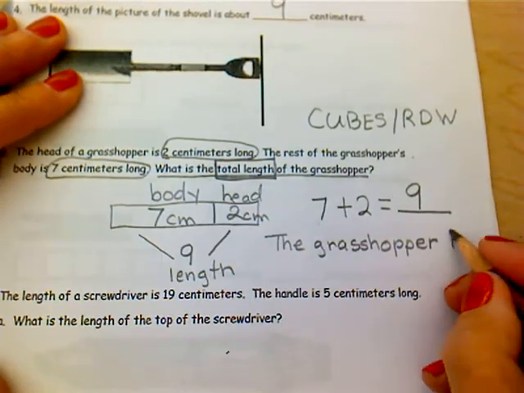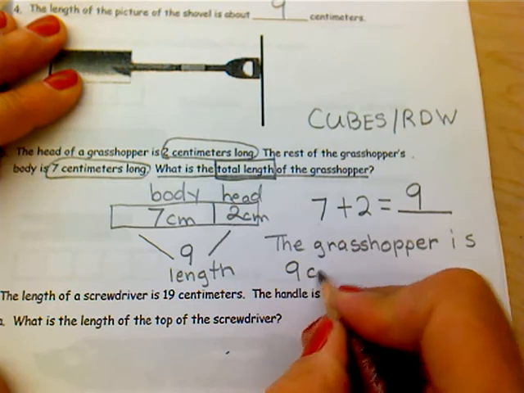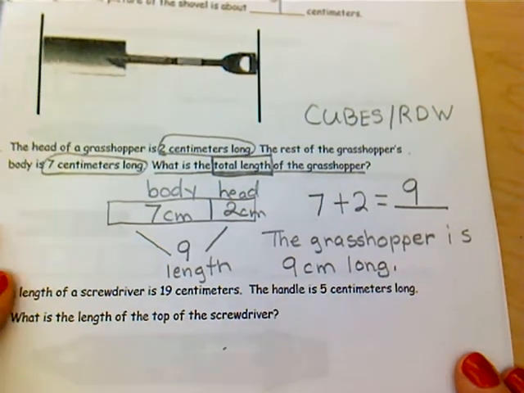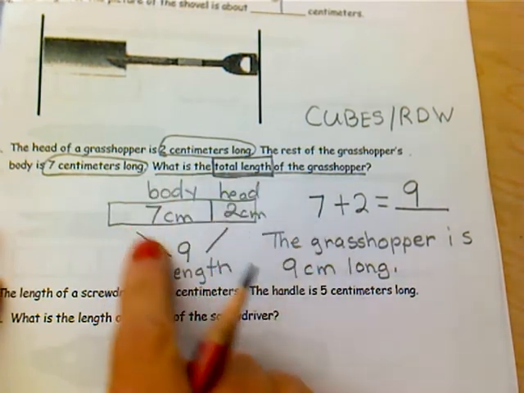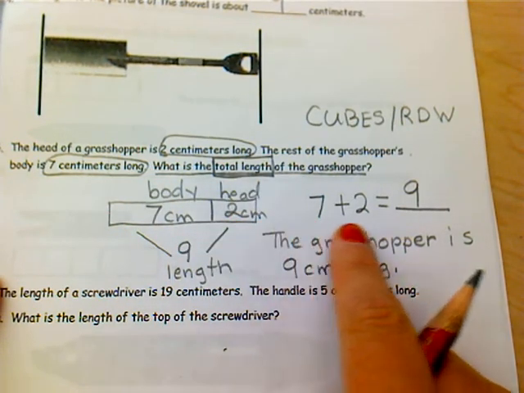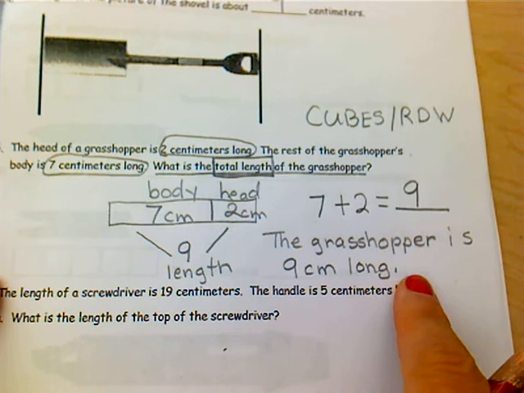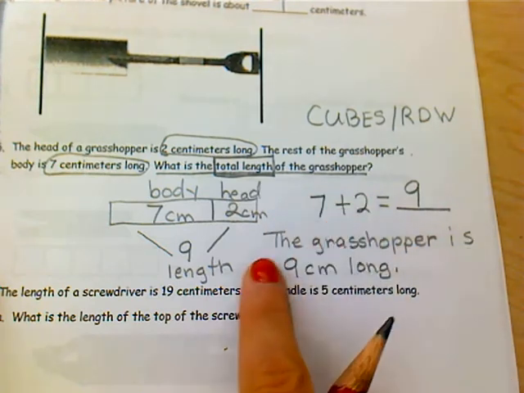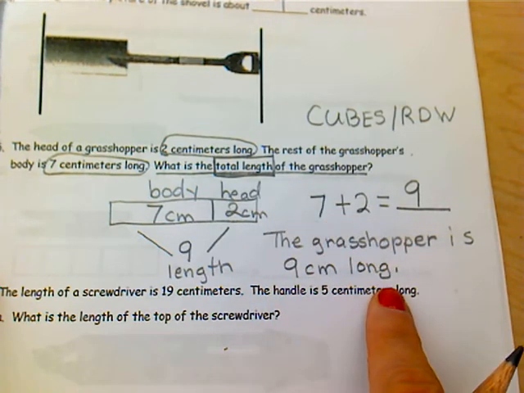The grasshopper is 9 centimeters long. So there are 3 parts to this word problem. I have a number bond, which is like a bar model. I have an equation, and I have a sentence that's describing what the answer to this question is. What is the total length of the grasshopper? The grasshopper is 9 centimeters long.